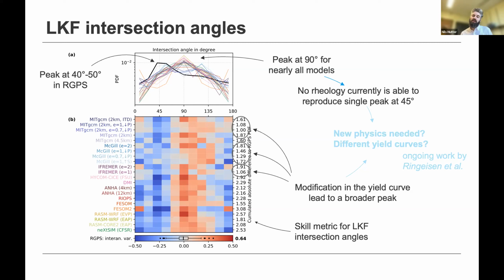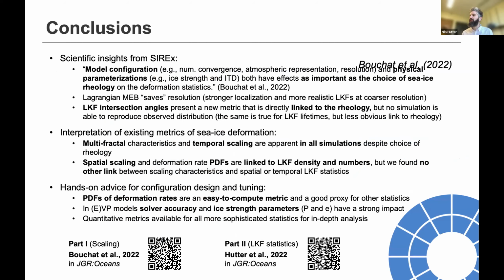And that might give us some insight that with different rheology choices, we are able to modify this, and that we could use this metric to learn more about what the appropriate rheology or appropriate yield curves are to use, and how we can constrain this better. And this is ongoing work by Damien that I think also presented earlier today, and I might be excited to have a closer look at. And with this, I want to end this talk with the conclusions.